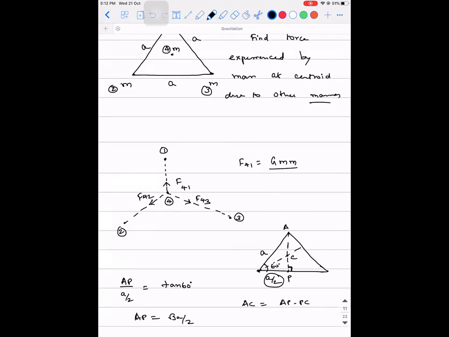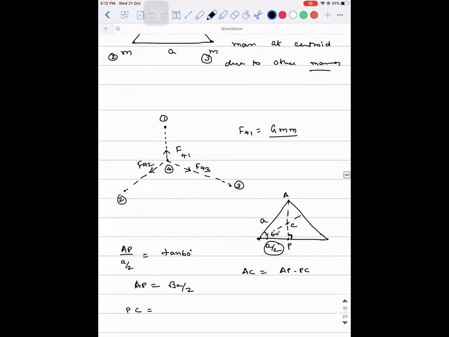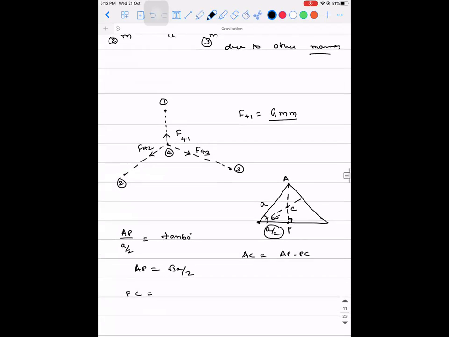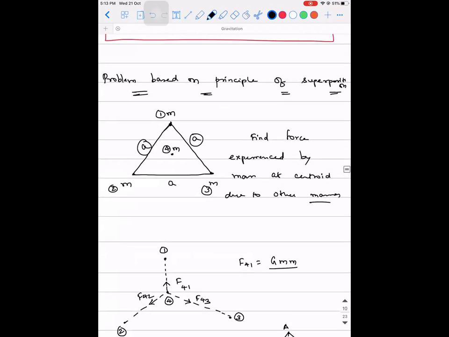Find out what is PC and tell me. Sir, the question is not given as an equilateral triangle, sir. Then how can we take 60 degrees? What did I draw here? Okay, sir.